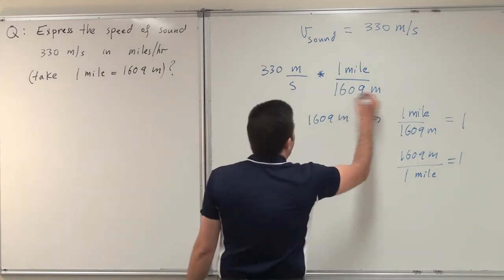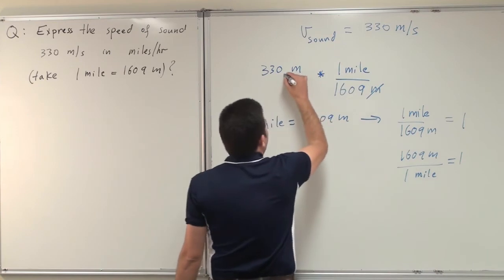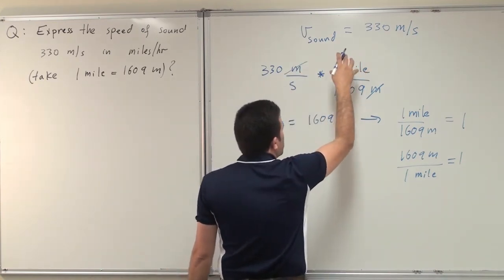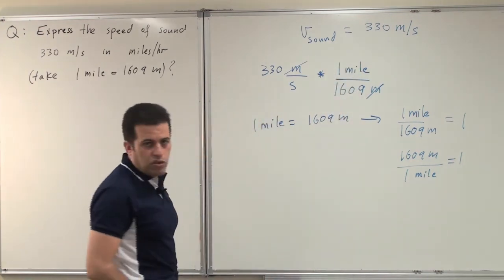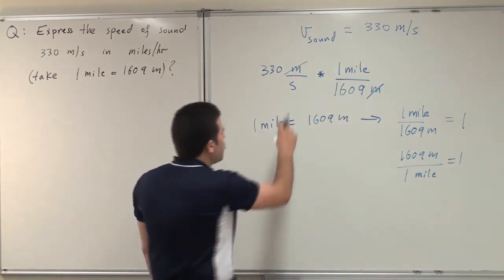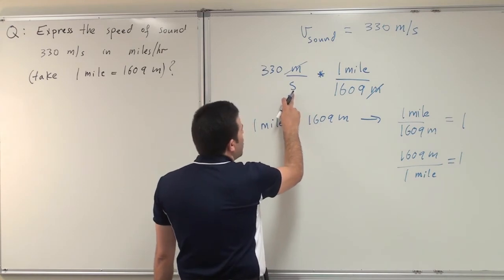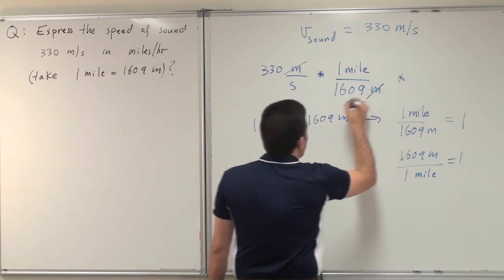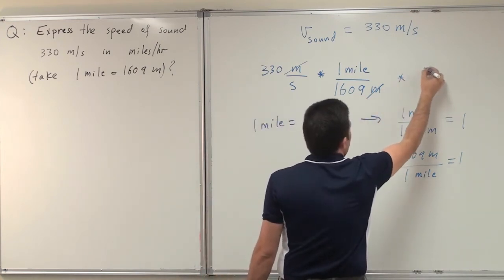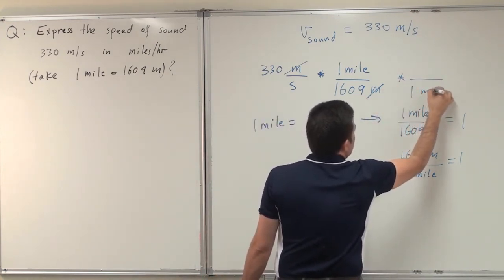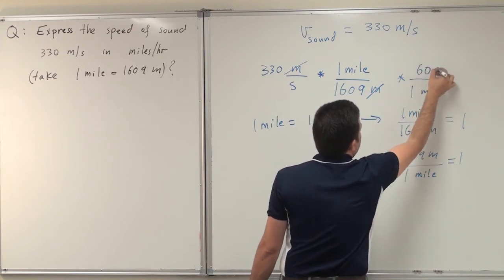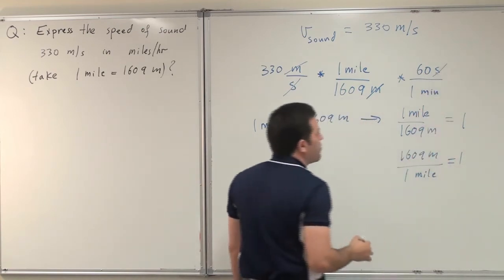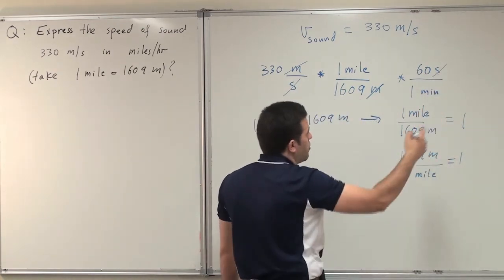So I go back to my question. The meter will be crossed with the meter. So now I did convert the distance into miles instead of meters. Now I need to convert the time from seconds to hours, and I do it step by step. I know that 1 minute equals 60 seconds. So now I can cross the seconds with the seconds. Remember, I need to reach hours.